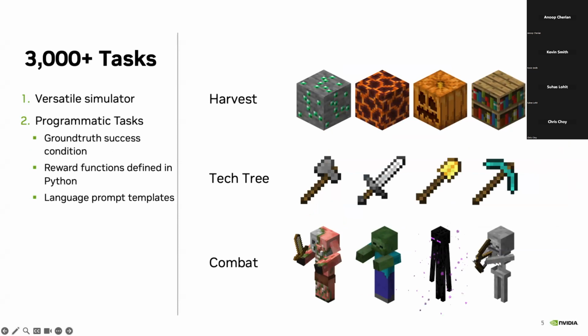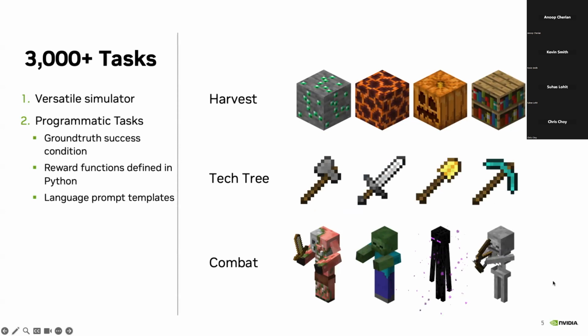So given this simulator, we introduced around 3,000 tasks. The first 1,500 consist of pretty simple programmatic tasks. These tasks can be very simple, such as mining resources, so that we can programmatically define success or failure pretty easily.